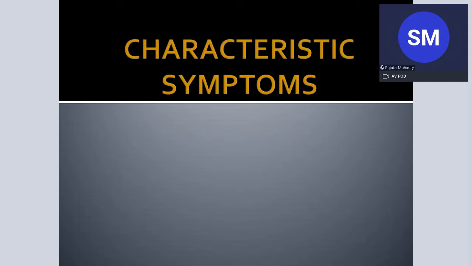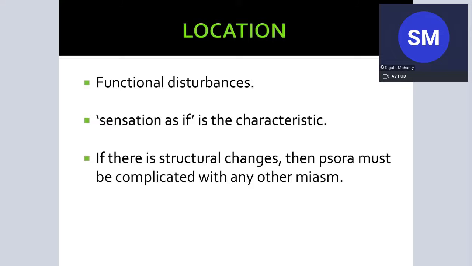Then we'll discuss some characteristic symptoms of Psora. Here I will discuss only some important characteristic symptoms, not all of them, because all the symptoms are already given in the book in systematic order. First, it causes functional disturbances. Sensation as if is the characteristic.